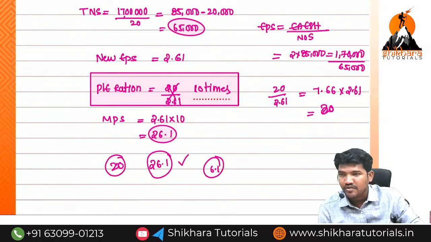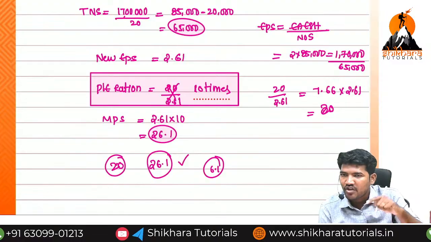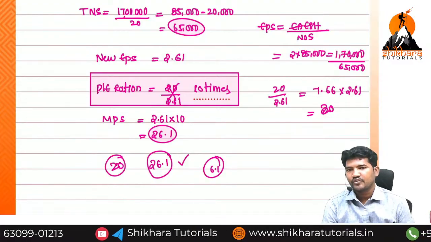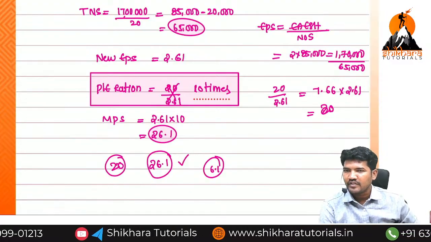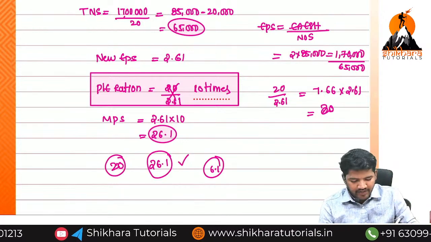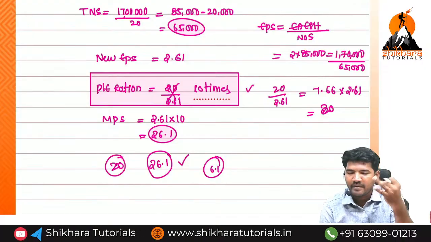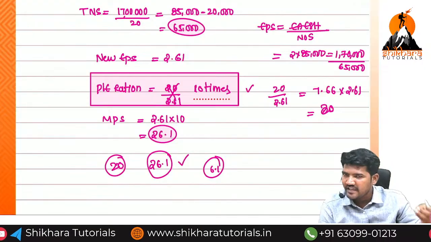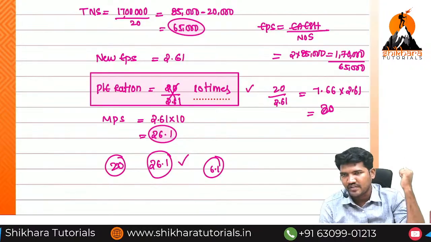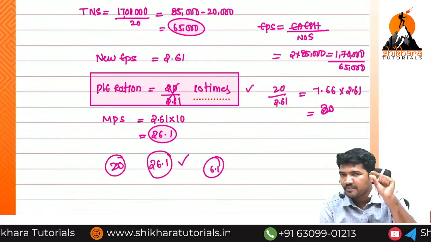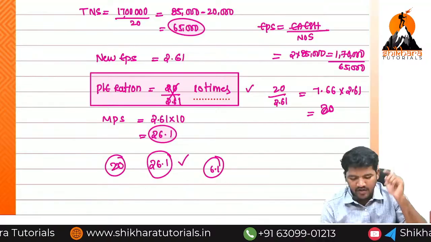That's why they take the assumption that the PE ratio remains constant. If you follow conceptual knowledge, you calculate the new PE ratio, because MPS and new EPS are there. But for decision purposes, they take an assumption instead of the new PE ratio. Hope you guys are clear. Now put a heading.